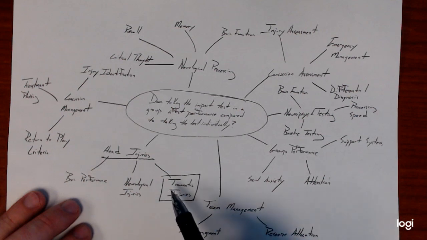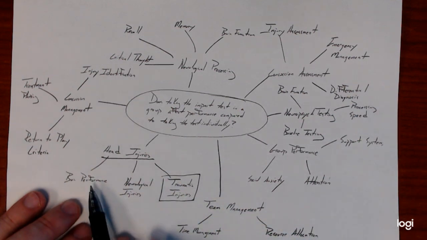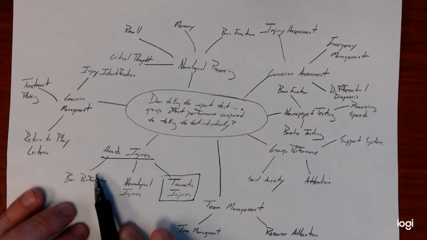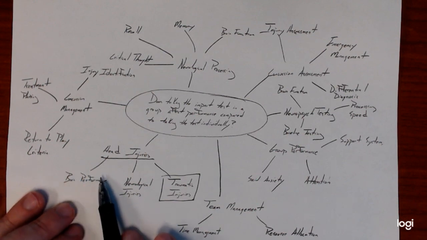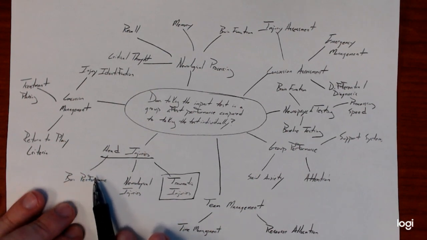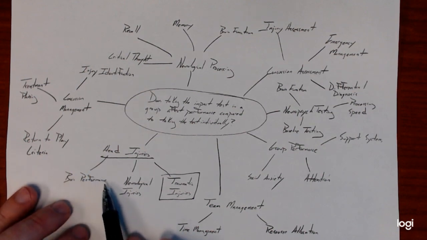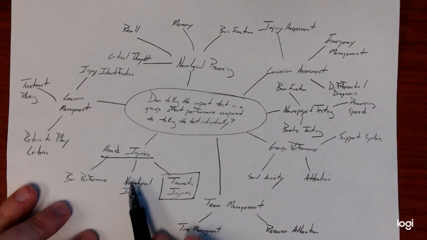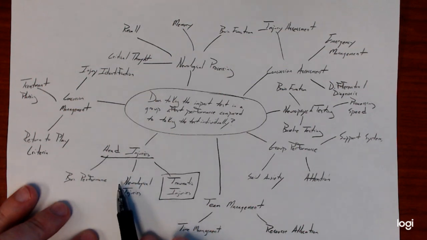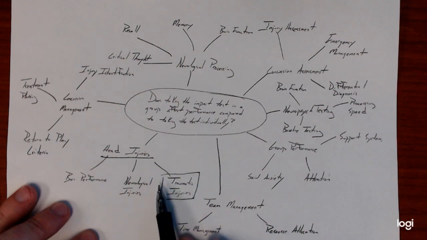So when we're looking at this, we might describe head injuries with regards to brain performance injuries, with different injuries associated with that, like cognitive disabilities, neurological injuries that might be from different conditions as well, and then obviously traumatic injuries.